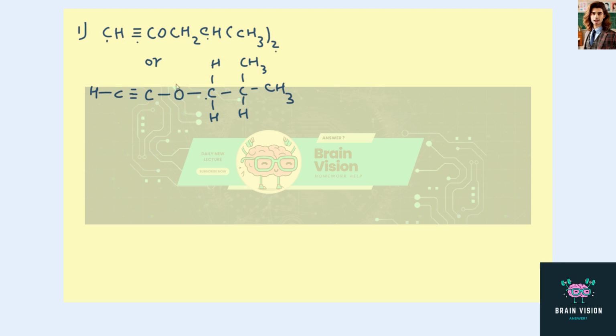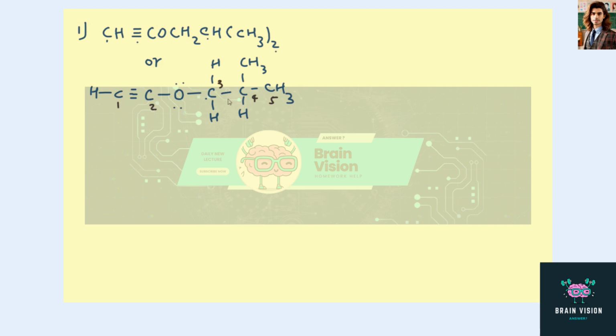Okay, so now the bond line formula can be drawn like this. Here I have 1, 2, and then this is third and fourth and 5, right? A total of 5 carbons are here. I am not counting the longest carbon chain. I am telling you how many carbon atoms are here.